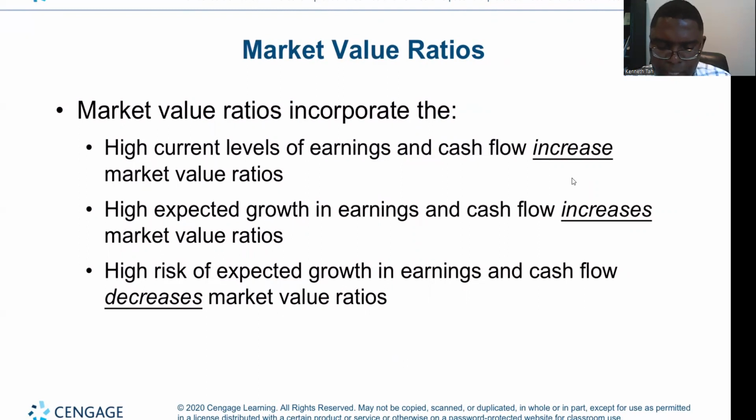We also expect that companies expected to grow in earnings and cash flow is good news, so the market value ratios will go up. On the other hand, high risk of expected growth in earnings and cash flow is going to decrease the market value ratios.